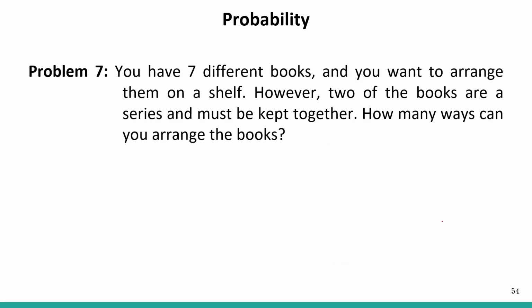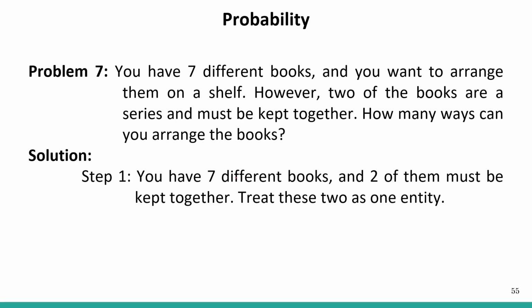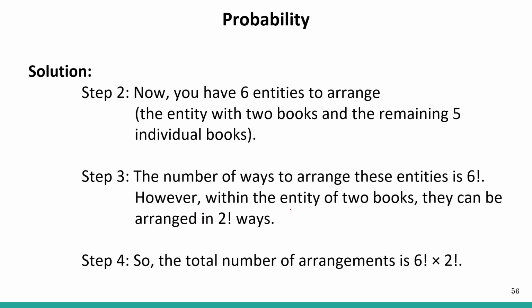Let's go forward and see problem number 7. You have 7 different books and you want to arrange them on a shelf. However, 2 of the books are a series and must be kept together. How many ways can you arrange the books? You can assume those 2 as one book, so now I have 6 entities to arrange: the entity with the 2 books and the remaining 5.